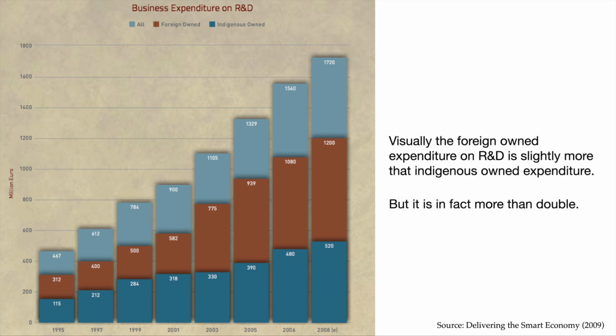So this has the effect then of making the foreign-owned expenditure look a little bit more than the indigenous-owned expenditure. But of course, it's actually more than double. It's just visually, the dark blue and the brown, the brown isn't too far off the dark blue. But of course, almost half of it is hidden behind the dark blue bar.